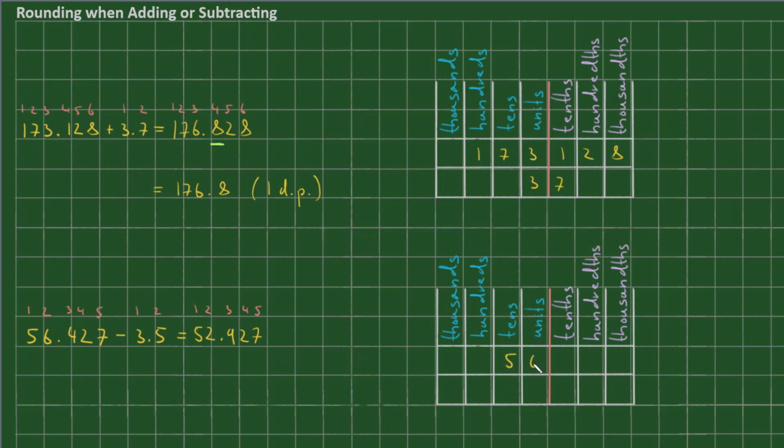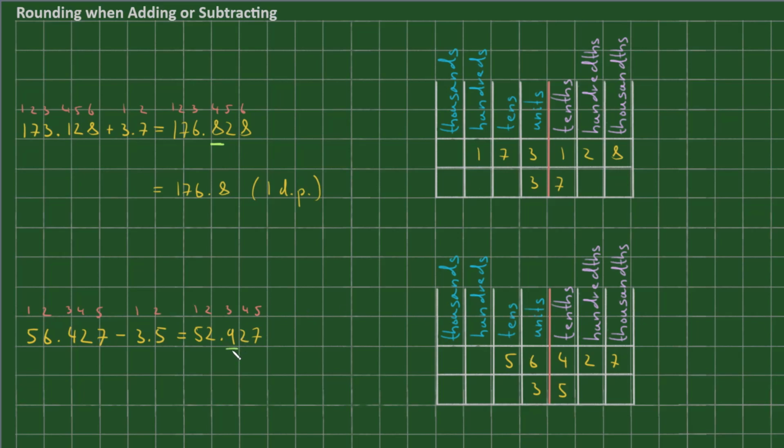I have 56.427 and I have 3.5. And again, the first value is accurate to the thousandths position, while the second value is accurate to the tenths position. Therefore, my result should be rounded to the tenths position.